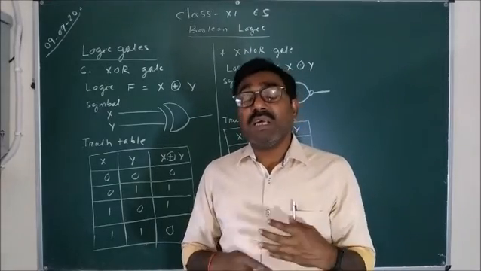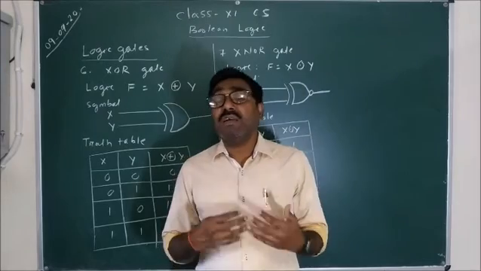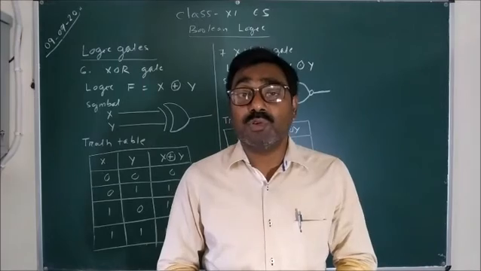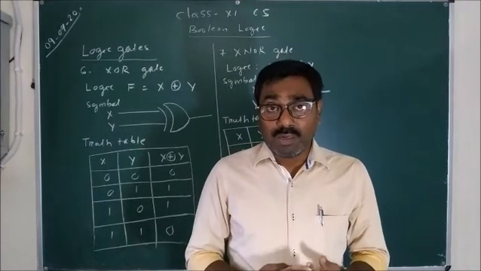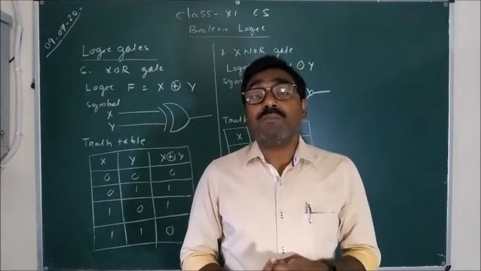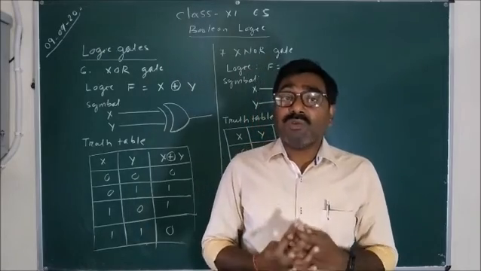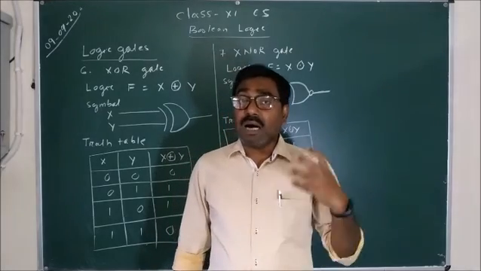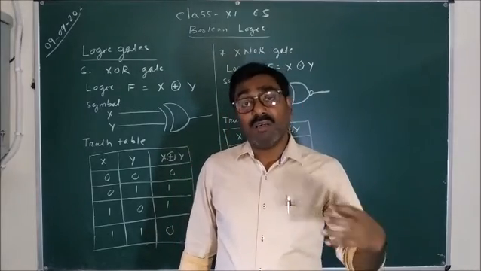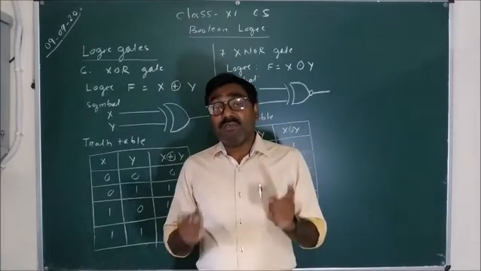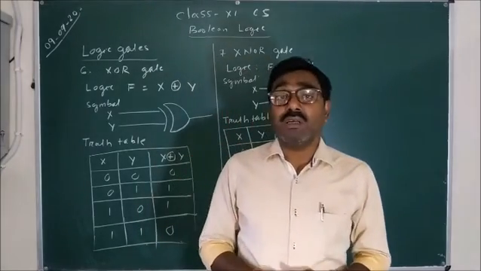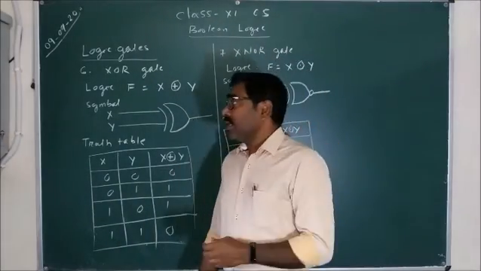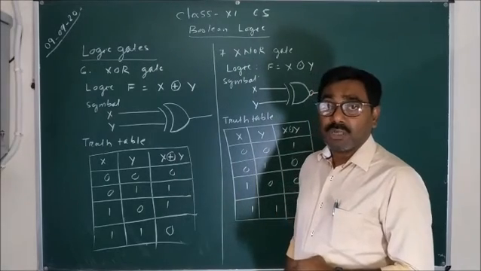So if any one of the inputs is true or 1, then the output should be true or 1, which is not done through the OR gate. That's why we need one more gate, known as the XOR gate, in which the output will be 1 or true if any one of the inputs is 1 or true. Otherwise, it will display a false or 0 result.